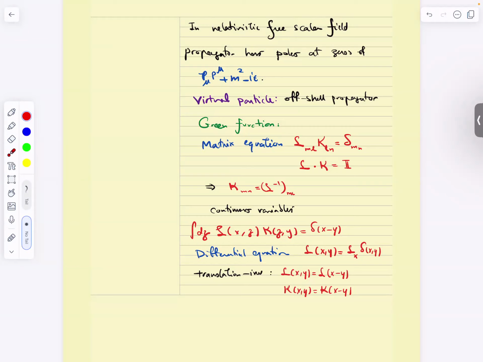If this is energy, if this is k_0, then k_0 squared minus k squared is m squared, or minus m squared, that's the normalization. So it corresponds to this thing, right? On shell is when you are sitting on this Dirac delta function, k^2 minus m^2, when things are like this, or plus m^2. Off shell is a field configuration that's not here, somewhere else. They appear in the path integral.